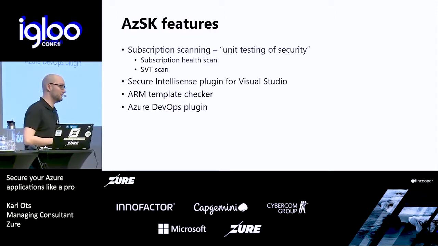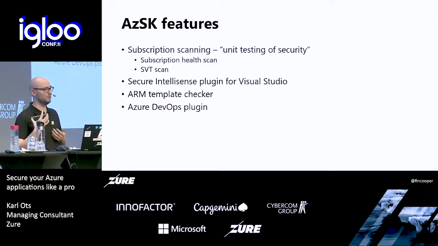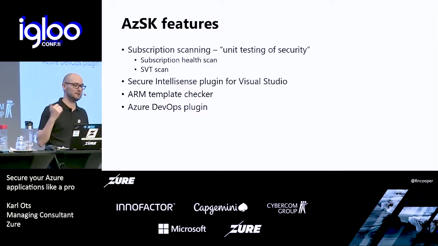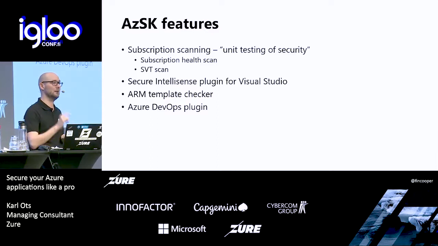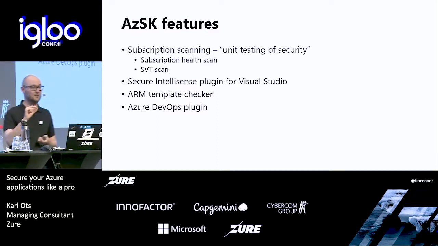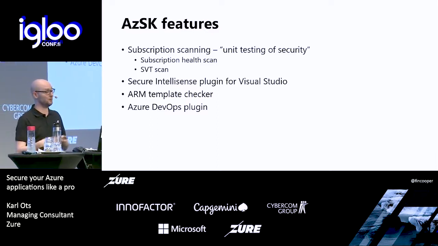Then we have secure intelligence. If you are building a new solution and using the full-blown Visual Studio IDE, you can install a secure intelligence plugin, and you'll get those nice red squiggly lines on top of your unsecure code.